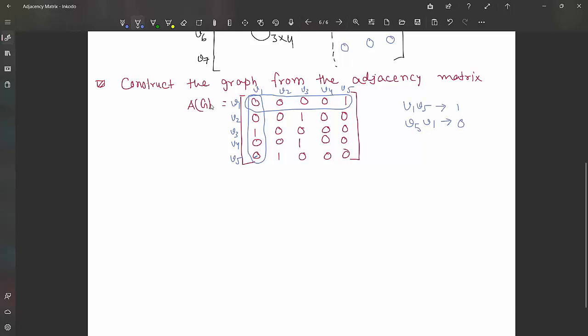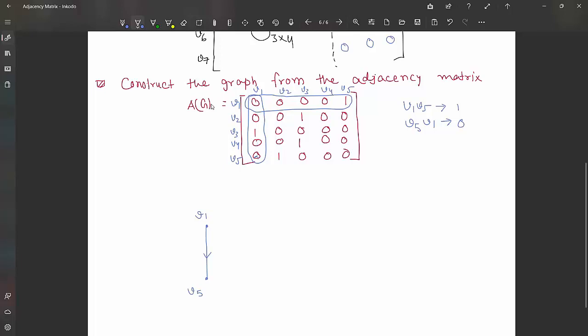So v1 v5 is 1, but v5 v1 is 0. So the direction is from v1 to v5. Suppose this is our v1, we will take one directed line from v1 to v5. That's why from v1 to v5 you will get 1, but from v5 to v1 you will get 0.